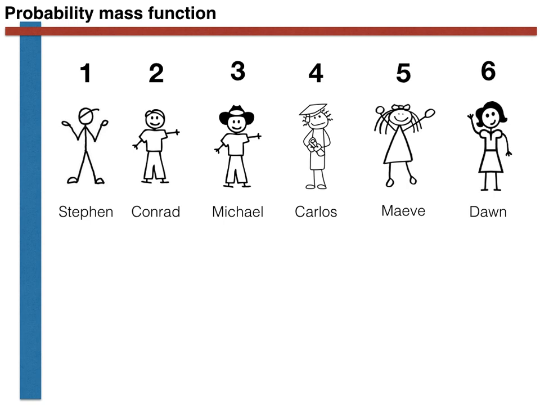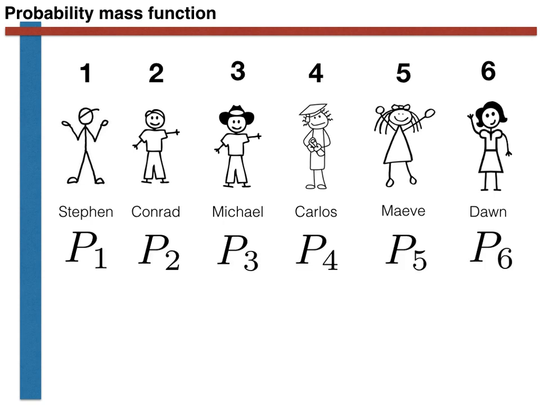In addition, there is a probability for selecting each of the people in the experiment. The probability of selecting Stephen is P1. The probability of selecting Conrad is P2. The probability of selecting Michael is P3, the probability of selecting Carlos is P4, the probability of selecting Maeve is P5, the probability of selecting Dawn is P6.